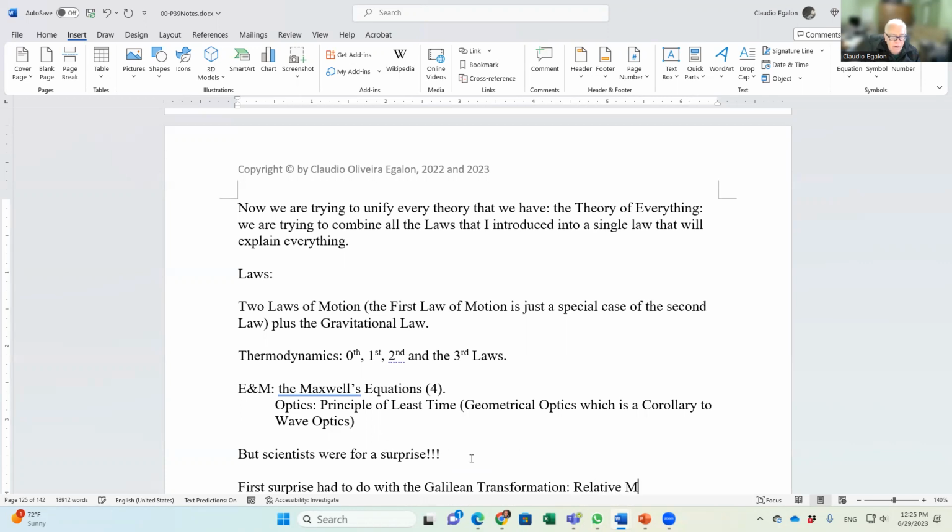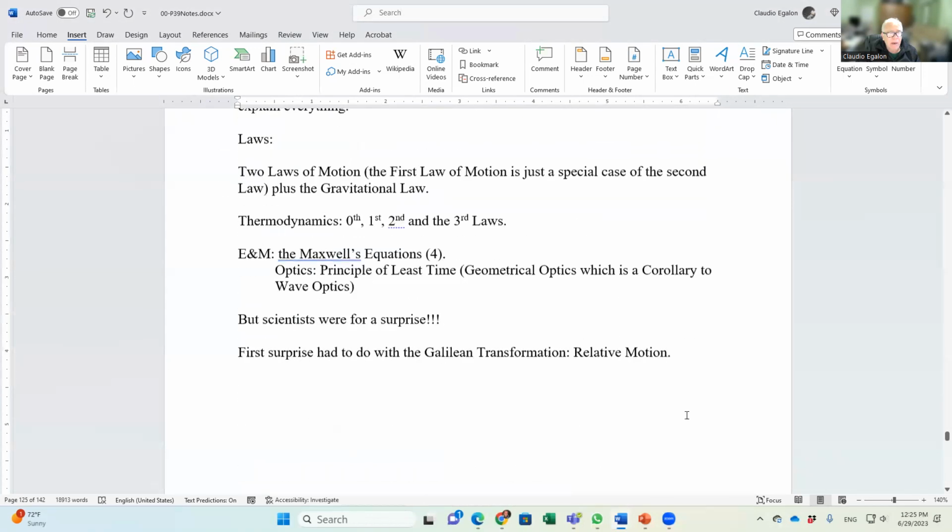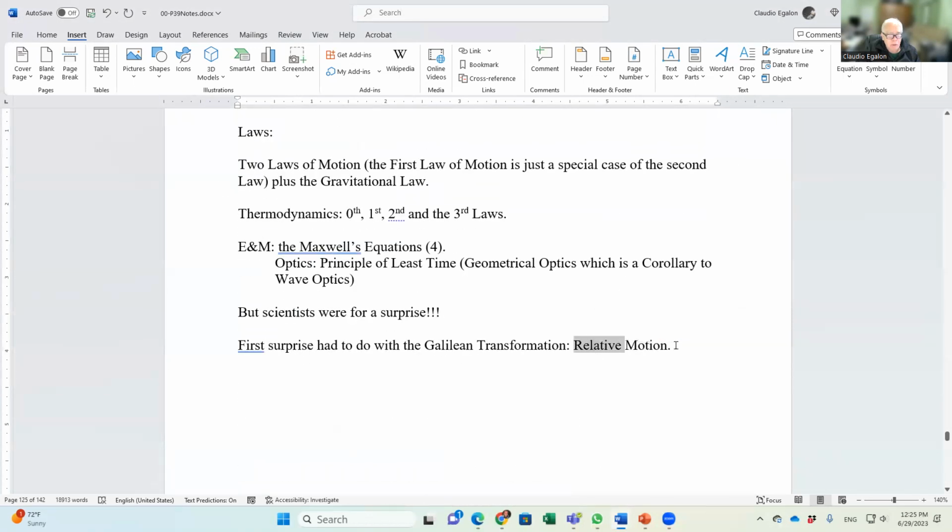The concept of relative motion, we studied that in physics 37. And I'm going to go back to this concept of relative motion because it's going to be important in relativity. Do you see here? Relative motion, okay? And then you also have the special theory of relativity.